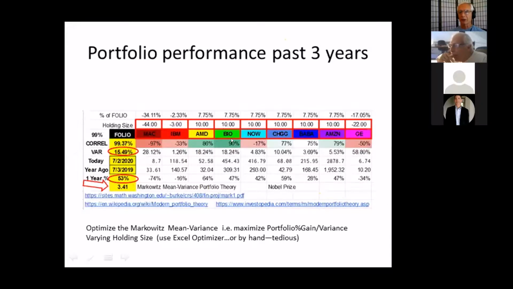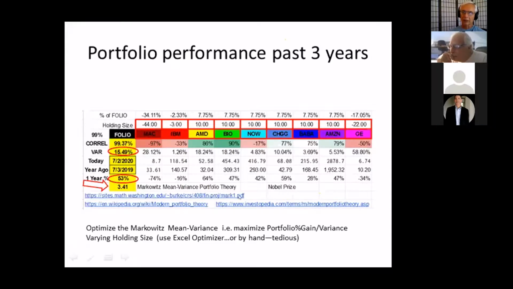So you maybe have 10 shares of Bio, 10 shares of AMD, 10 shares of Now, or 10%, 7% of Now, 7.75% of Bio, and then you end up with a negative. This is where you start shorting some IBM and some Mac as well. So you're trying to optimize the variance here, how much the price varies, and still maintain a really reasonable return on capital.